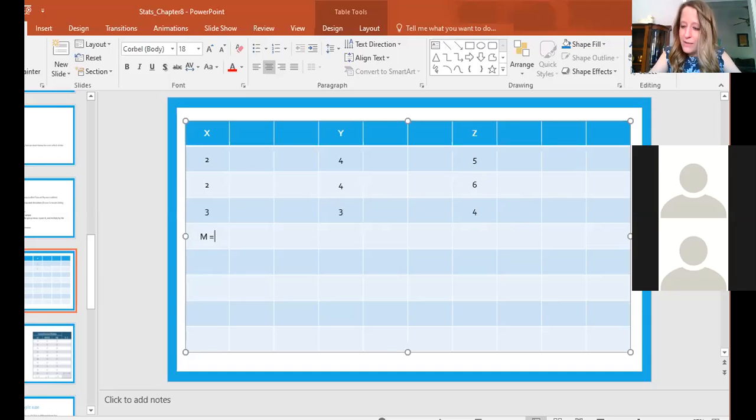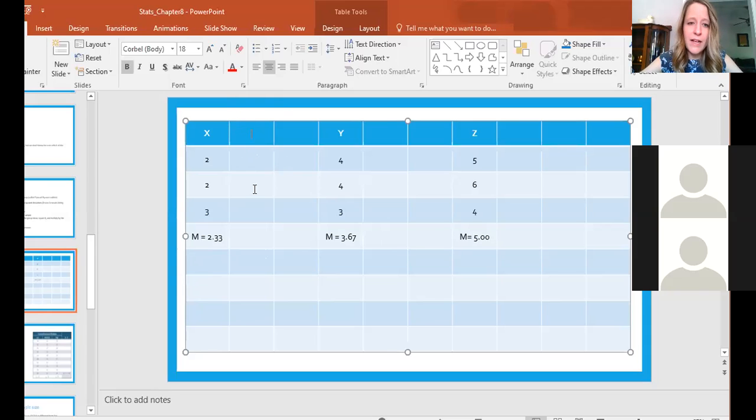So I want to calculate my mean for x. I got 2.33. I think some people rounded a little bit differently, but that's okay. For this mean, I got 3.67. And for this one, I got a mean of 5. And so we have each of our group means.